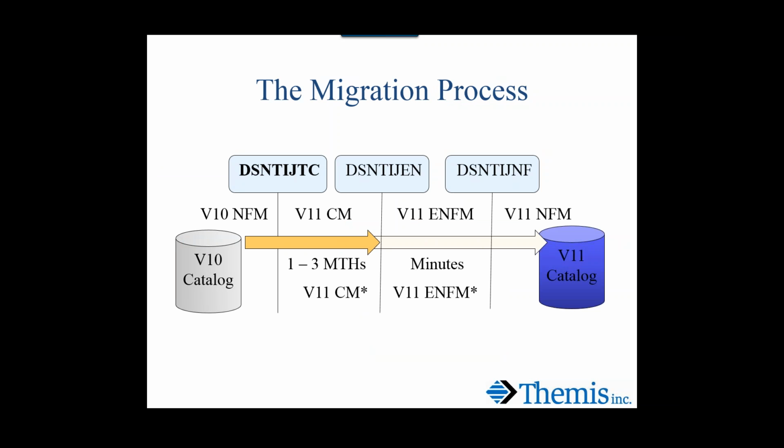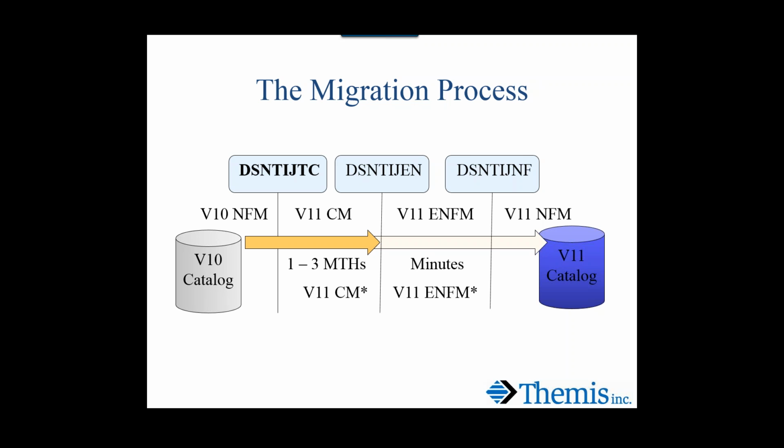Anything new in the catalog, new columns, new tables will be added there. And then existing tables that need to change somehow. In other words, the big one here in version 11 is every place in the catalog that references an RBA LRSN needs to expand. That stuff happens in the ENFM process with a series of reorgs to your catalog.